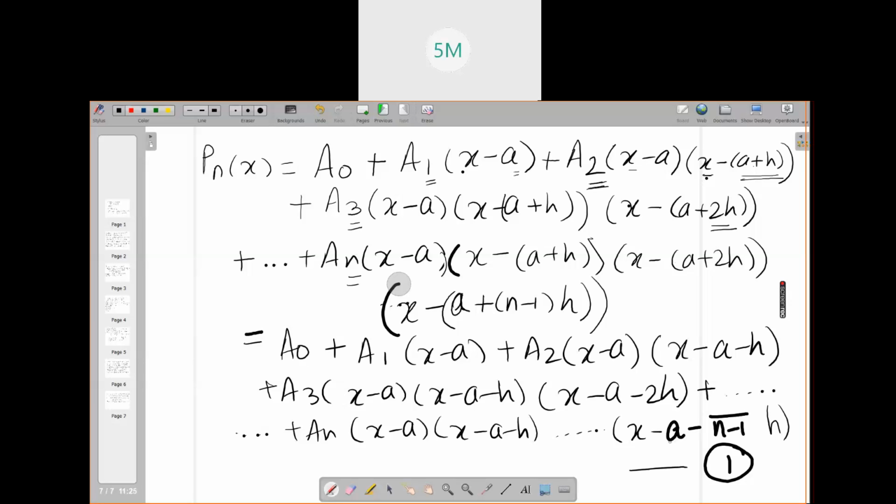Now see, these A0, A1, A2, we have introduced, right? They are unknown to us. We know what is A, what is A plus H, and so on. X is a variable. So we need to find out A0 and A1 and A2 and AN. Actually, this polynomial should fit my data, right?